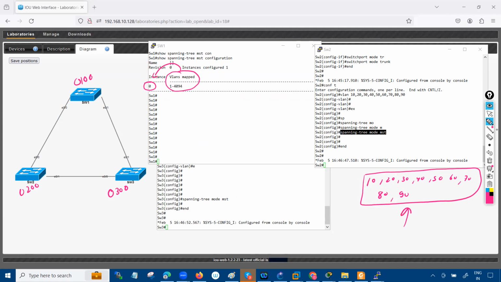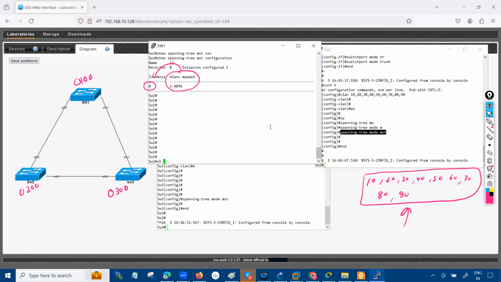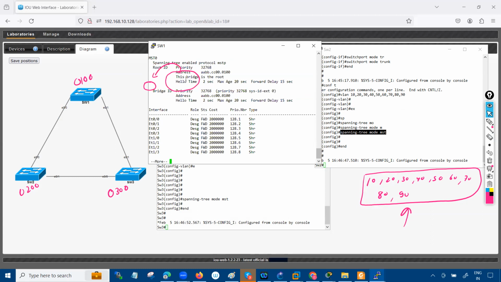Which one is the root bridge? If you see show spanning tree, Switch 1 is the root bridge, not a big deal. All the ports are designated forwarding on switch 1.